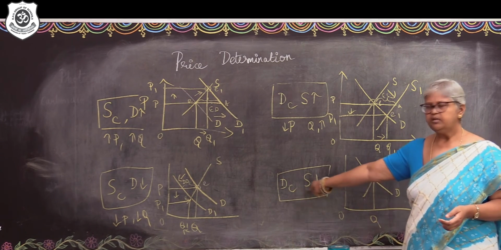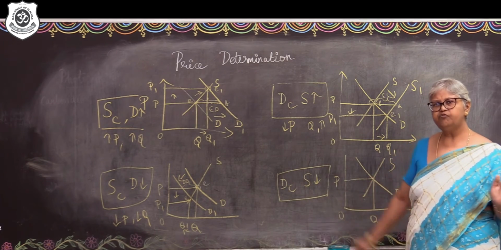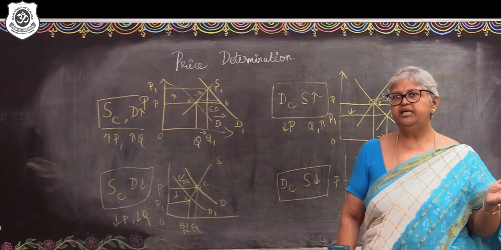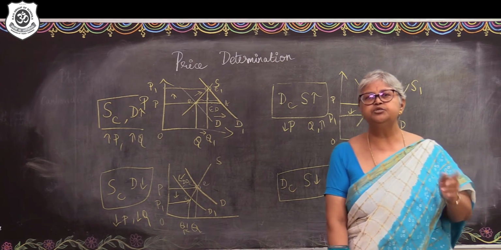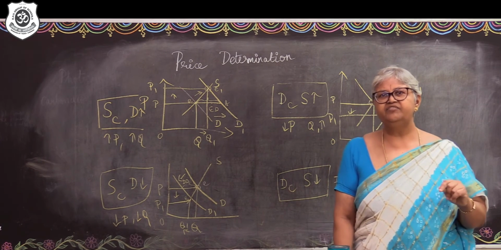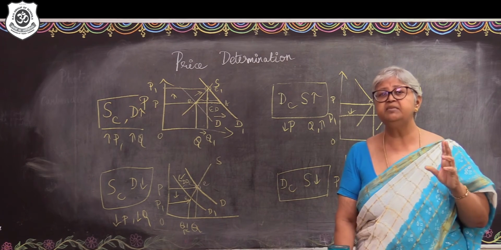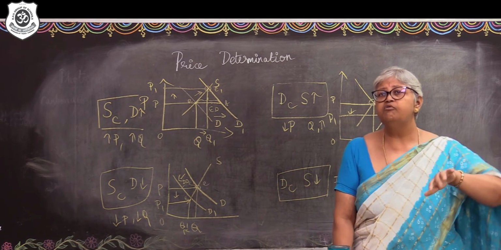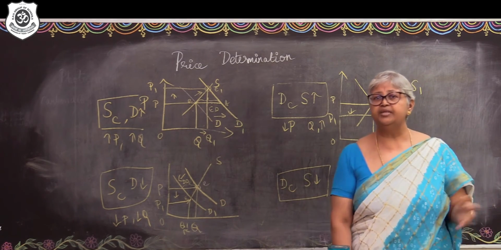What is the condition? Demand remains constant and the supply is going to fall. Now, supply fall probably could be due to a high taxation, and the government decides to increase the level of taxes. So, production would become costly. So, when production becomes costly, the inducement to produce more and supply more falls. So, supply might decrease due to that.